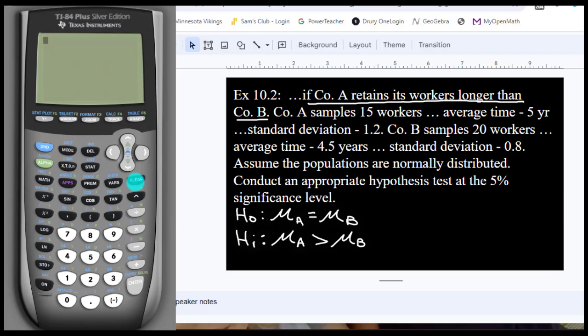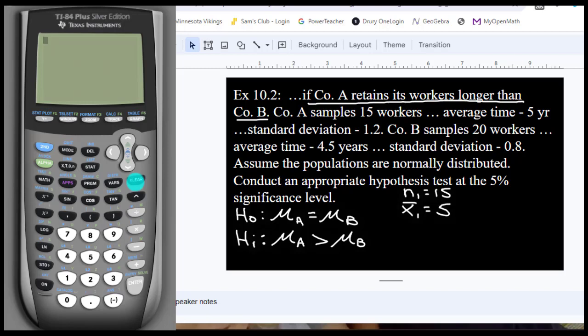So now let's see what the information is that we have, and we want to get in the habit of writing these things down. So Company A samples 15 workers. That means N1 is 15. Company A, the average time is 5 years. That means X bar sub 1 is 5 years.